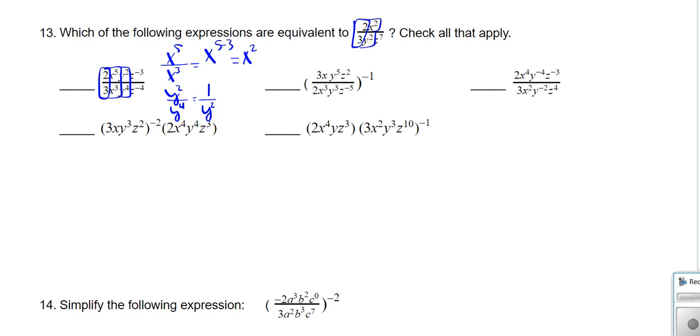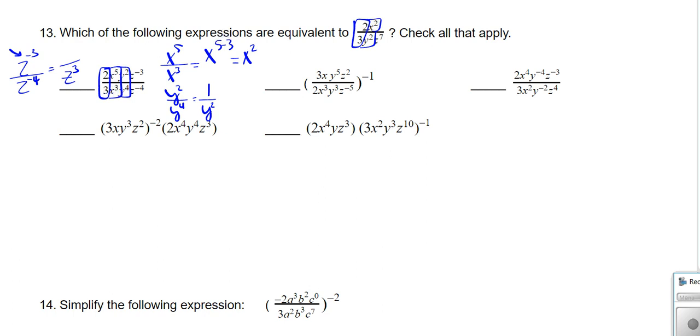Then the last thing to check for is the z's. So z to the negative 3 over z to the negative 4. There are a bunch of ways to figure this one out, but let's make those both positive exponents. So z to the negative 3, put that in the denominator, and it would be z to the 3rd.